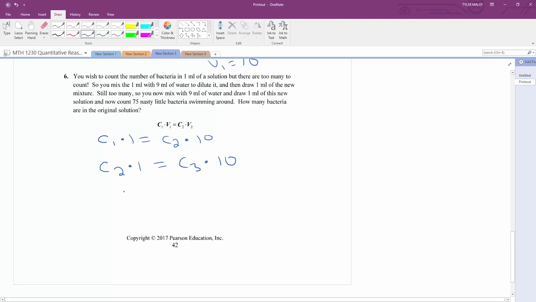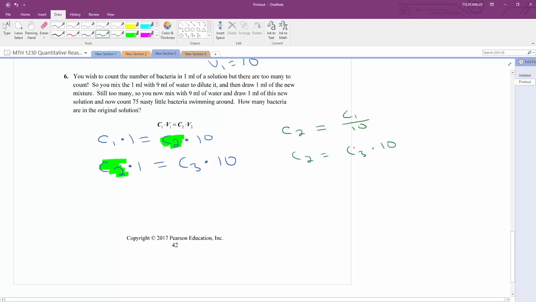So notice that both of these have C2 in the equation. So what I can do is solve both of these for C2. To solve this one for C2, you get C2 equals C1 divided by 10. And for this one, C2 would equal C3 times 10.